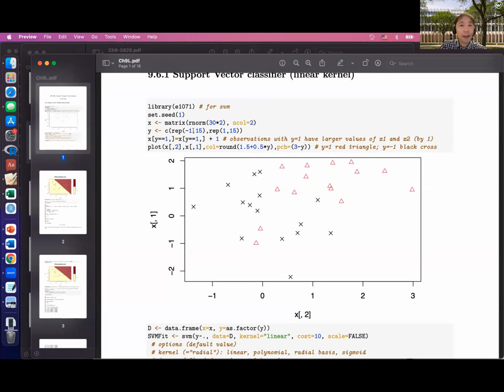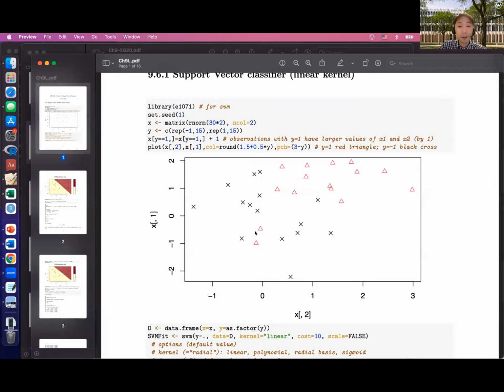So I shift the observations with label 1. We shift the observations to the right and up, so up by 1 and right by 1.